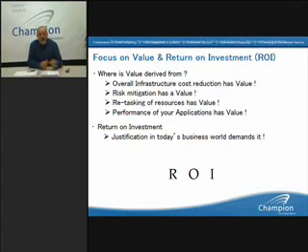Overall infrastructure cost reduction has value. When we have the opportunity to be able to take an organization and reduce their infrastructure, reduce their footprint, whether it be processors, whether it be storage, whether it be retasking of resources committed to doing these things, backup systems not having to grow and grow.